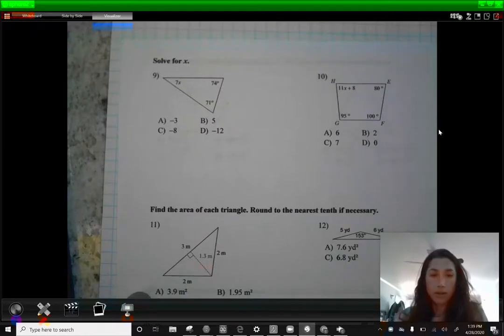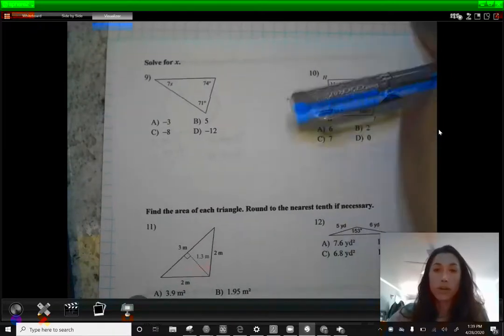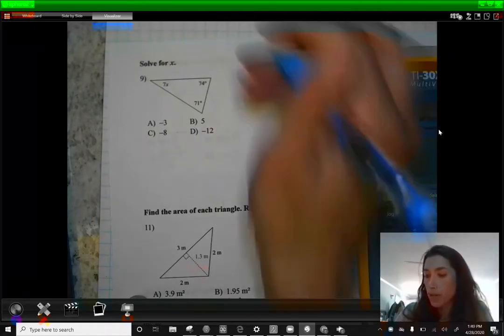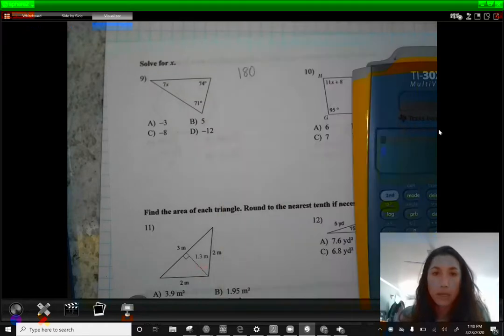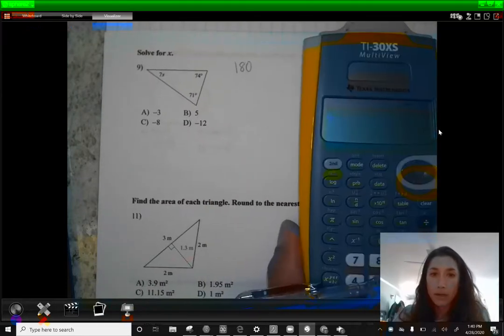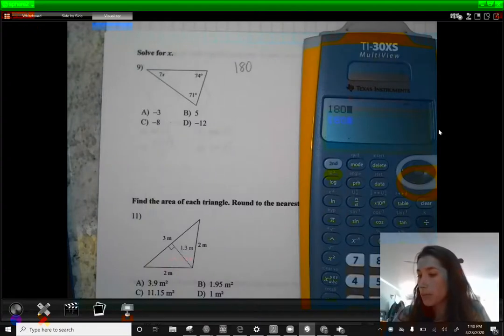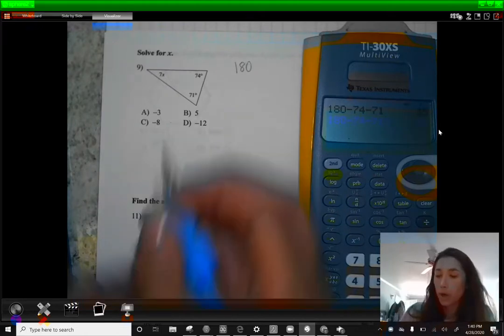We have now questions where we're using a triangle and a quadrilateral, but we are solving for a variable. So remember, we know a triangle adds up to 180. So what I'm going to do here is I have a 74 degree angle and a 71. I'm going to take 180 and subtract 74, and subtract 71. And remember, you need to show your work.